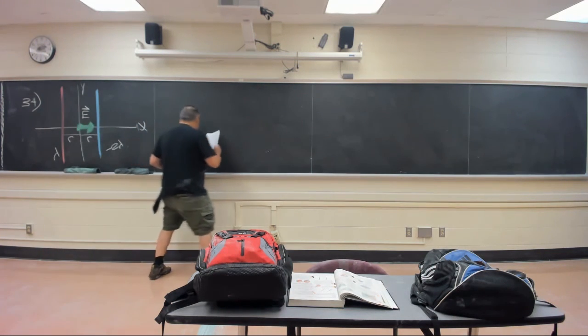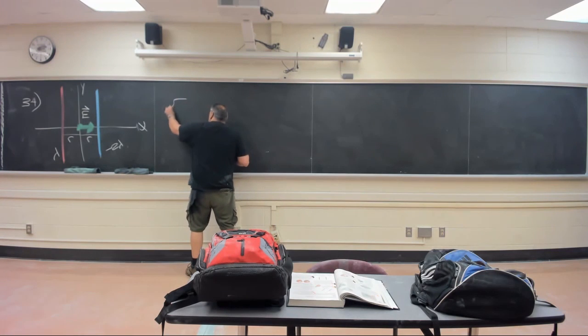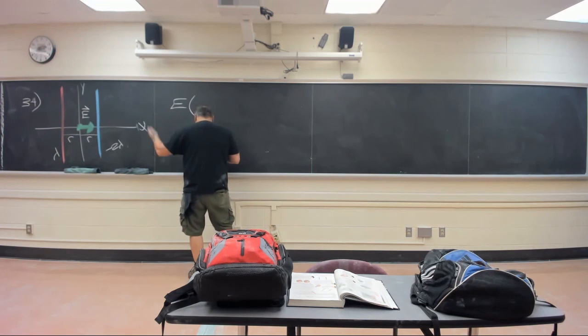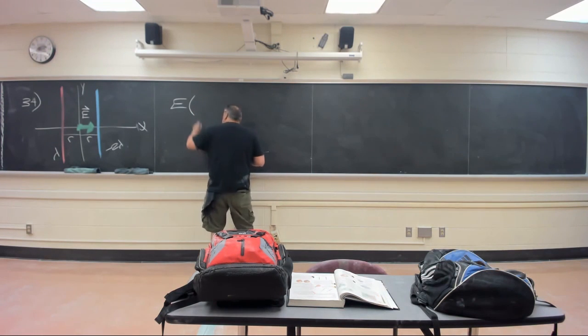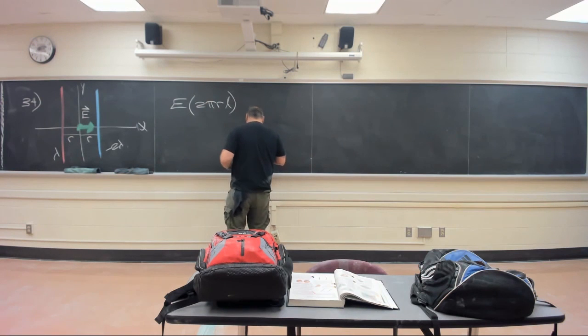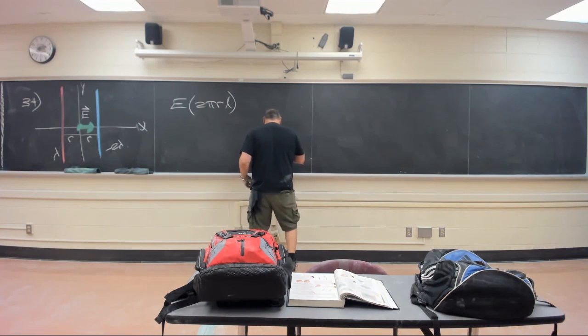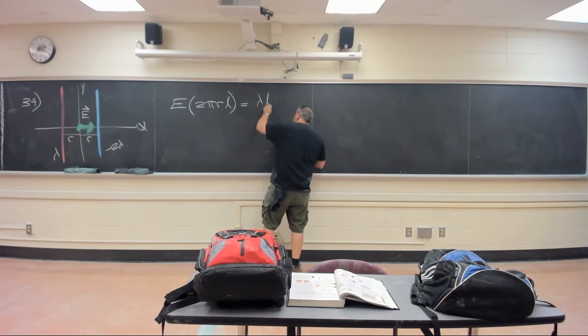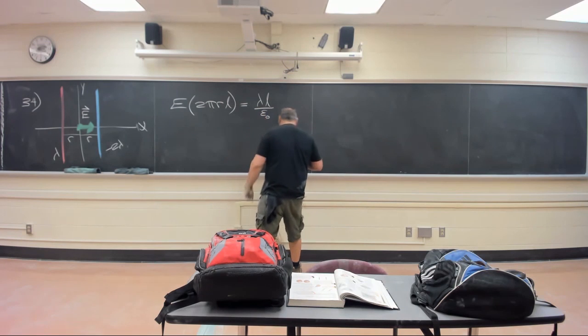So basically, guys, you've got E, and here's your Gaussian surface as you go around the thing. E times 2 pi r L, E times that area, is going to equal the total charge, which is lambda L, divided by epsilon naught.